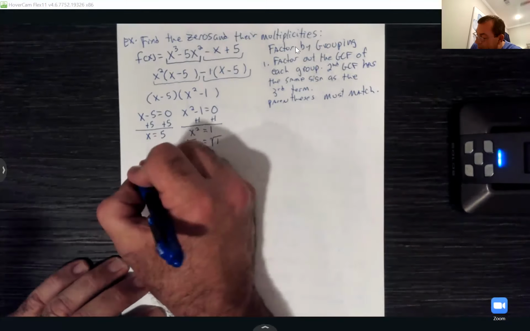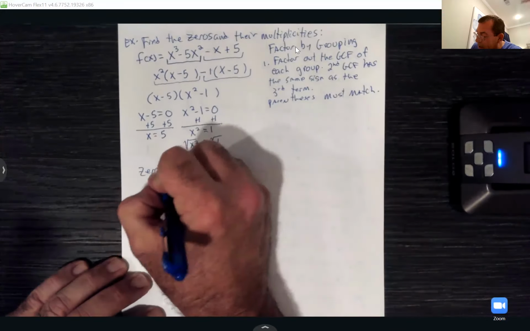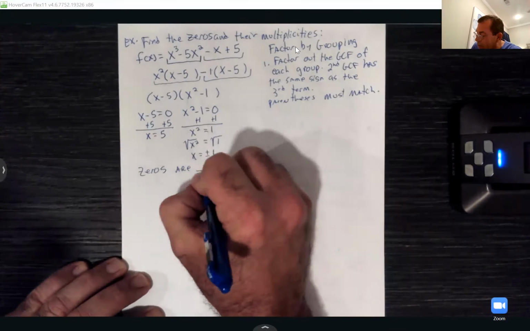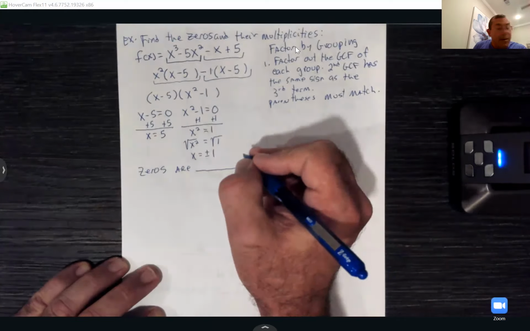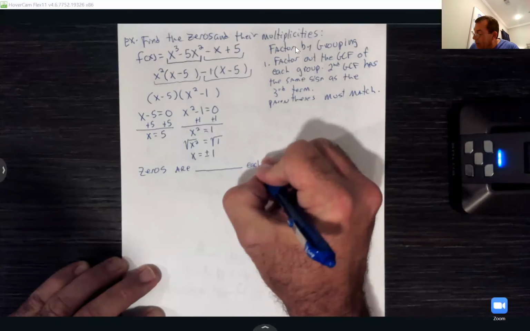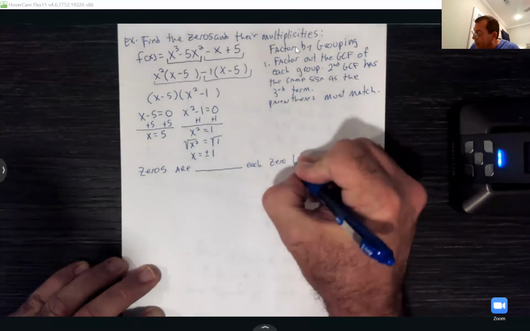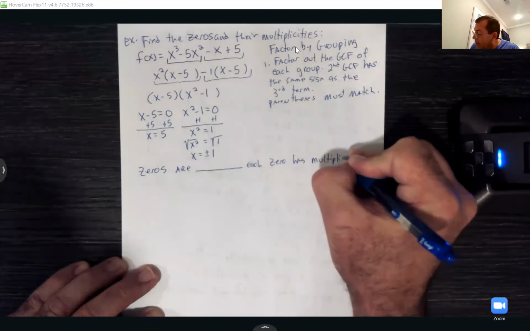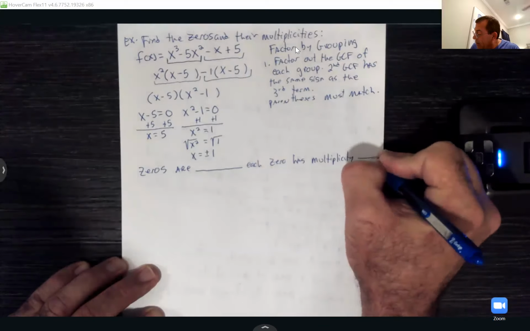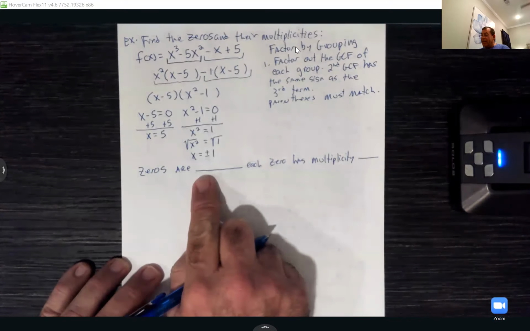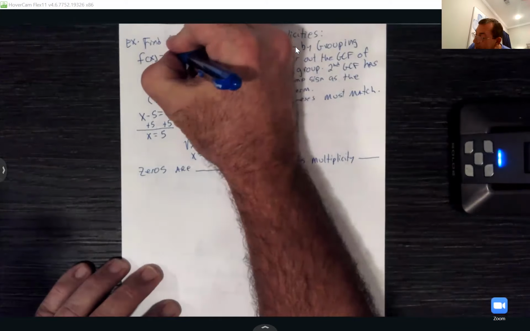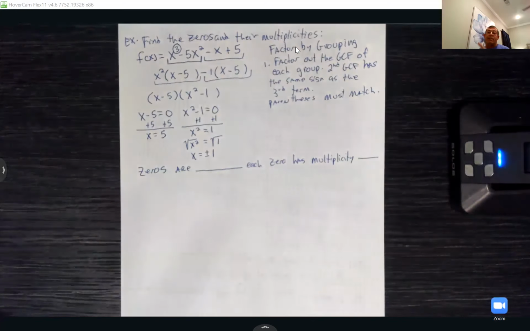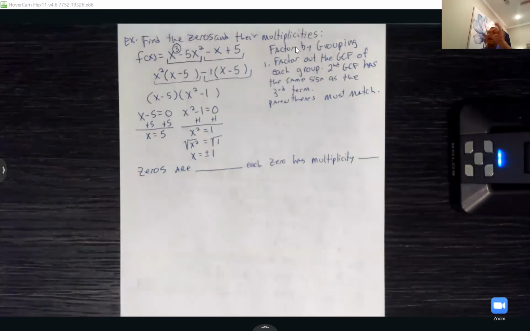So for the answer on this, the zeros are blank. Each zero has multiplicity blank. Now remember, that was an x to the third, so I better have 3 zeros, because the highest exponent usually tells you how many zeros you have.